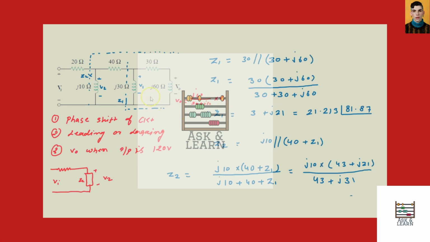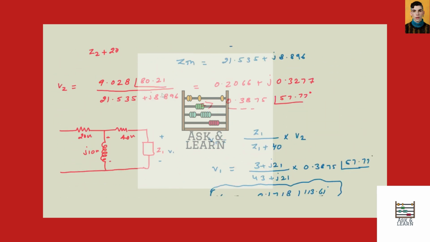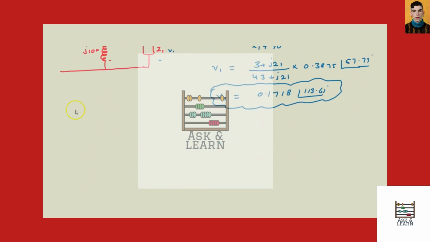Fine. So now we can calculate V0. This is equal to iota 60 upon 30 plus iota 60 multiplied by V1. So now put the value of V1.